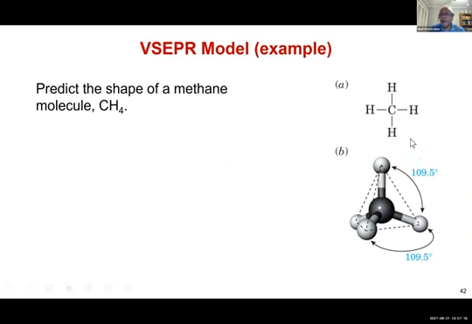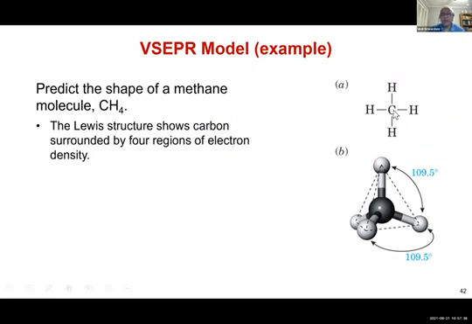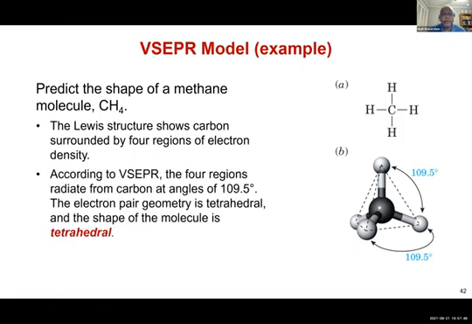If you look at carbon only here, you don't look at the hydrogen; you look at the electron distribution around the central atom. This is the one that decides the shape of the molecule, the hub of the molecule. So carbon has 4 electron pairs, distributed in space equally.